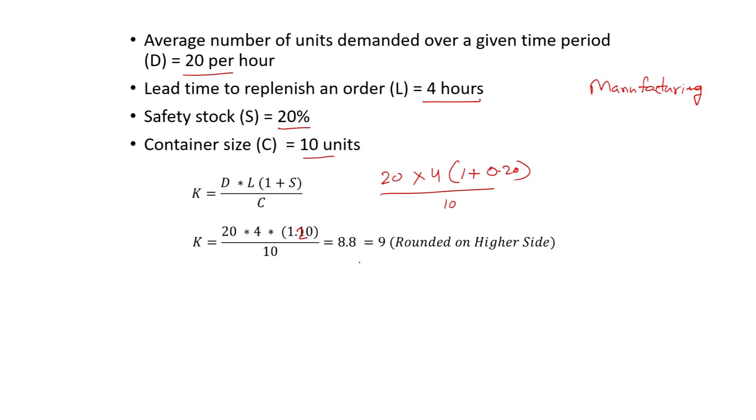From this we can do 20 into 4 into 1.2, 96, divided by 10. So, 9.6 containers, 9.6 Kanbans, which we can round off. 10 Kanbans are required for this particular work. So, this is how we can do that.